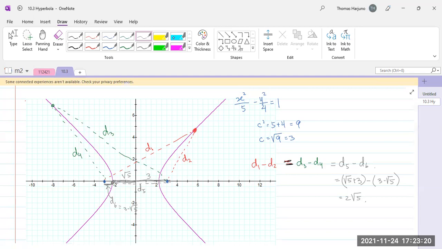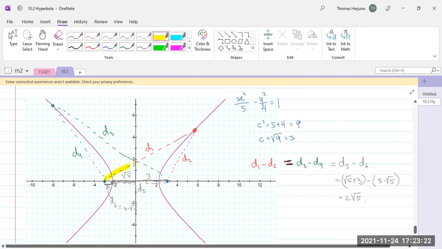Okay, in other words, the difference D1 minus D2 is equal to the distance between the vertices. The difference between D3 and D4 is equal to the distance between the two vertices, which is the green ones.